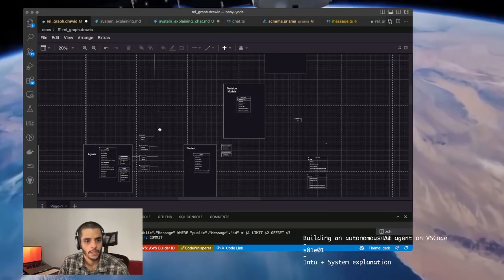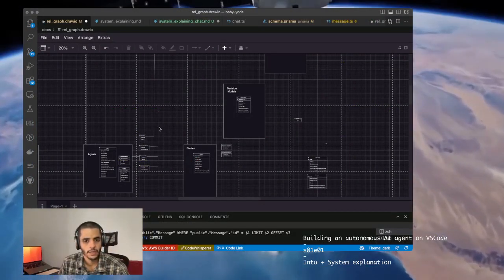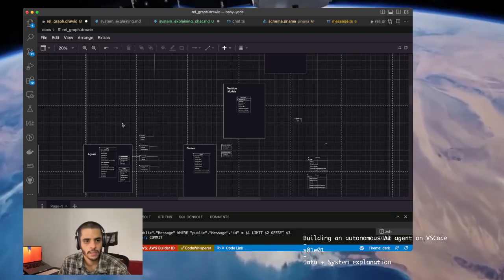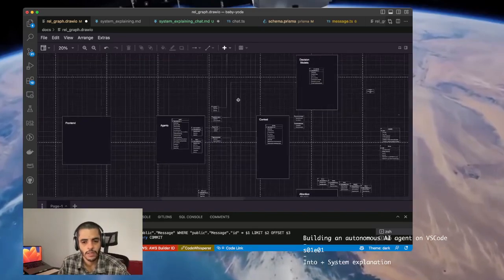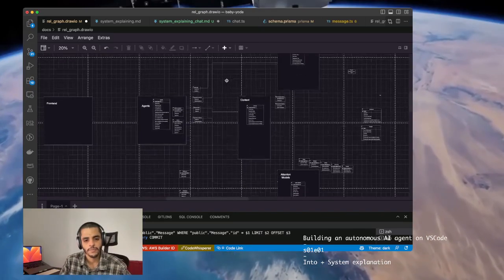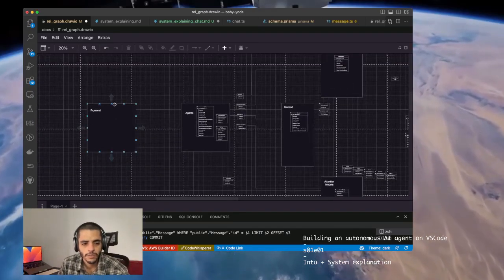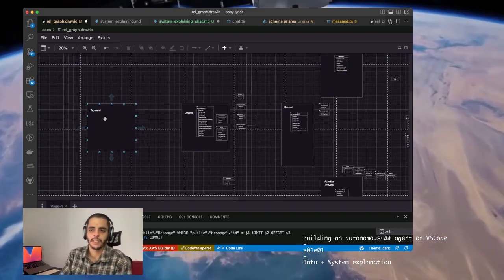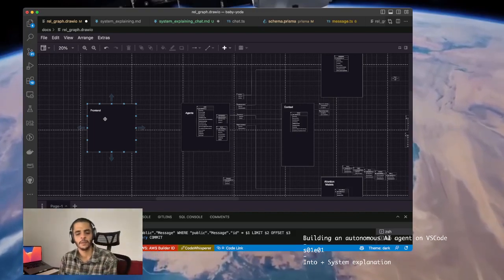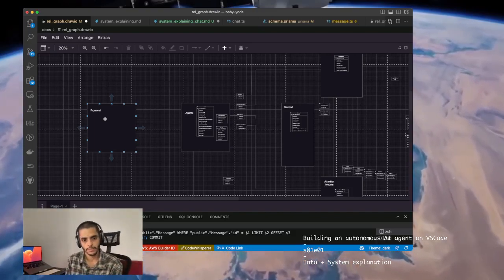Okay, cool. So over here you can find the relationship graph of our data models. In our front end, we will have the VSCode extension that simply displays a React web page, right?